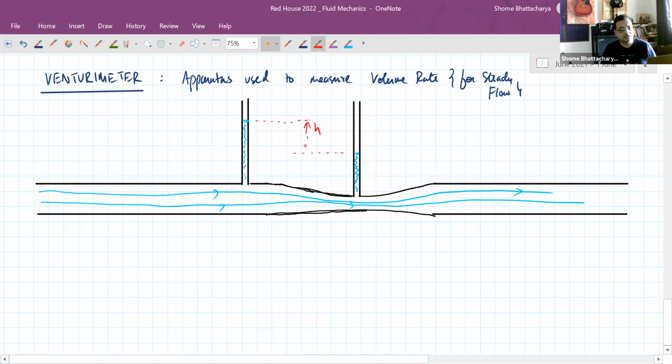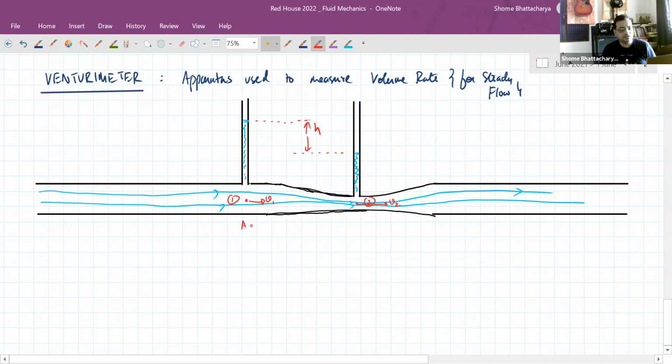And that height difference is going to be related to the difference in pressure at this point, let's say 1, and this point 2, or the difference in flow velocity at these points 1 and 2.